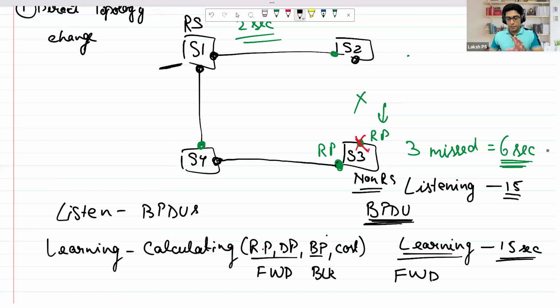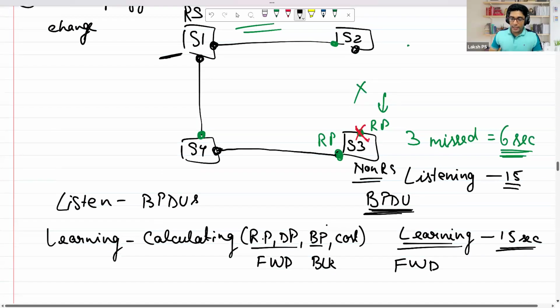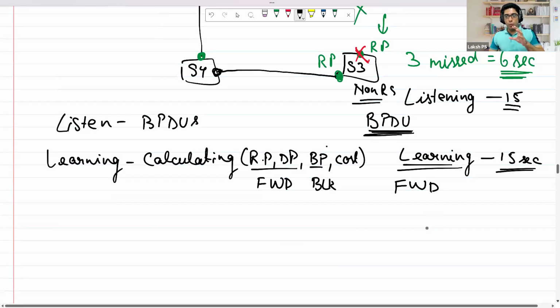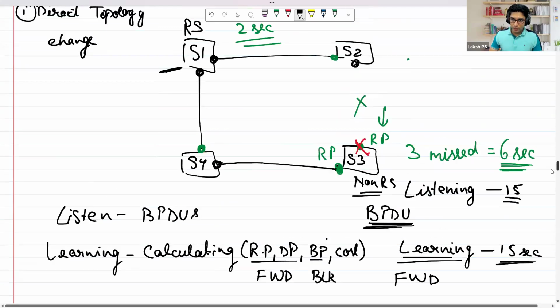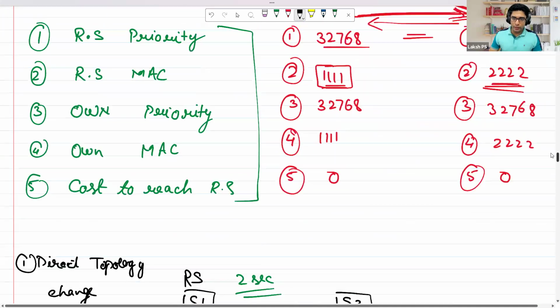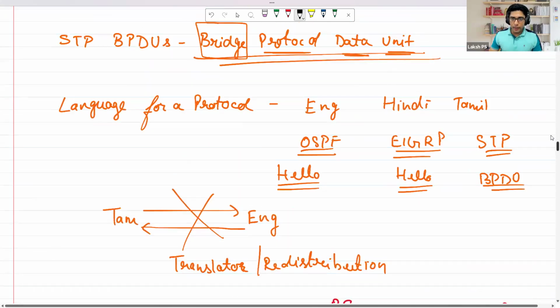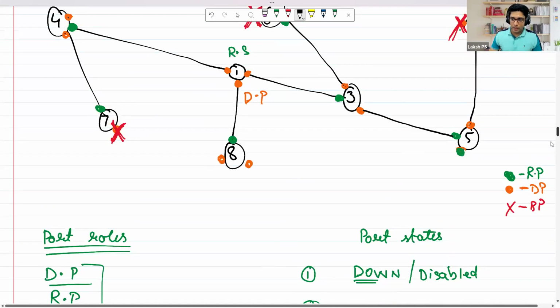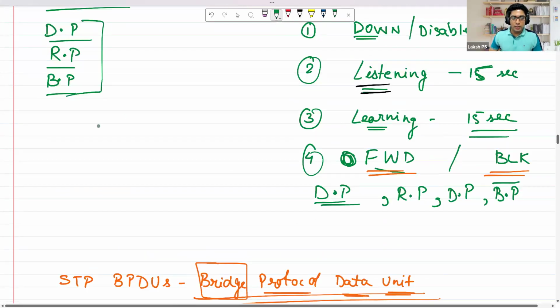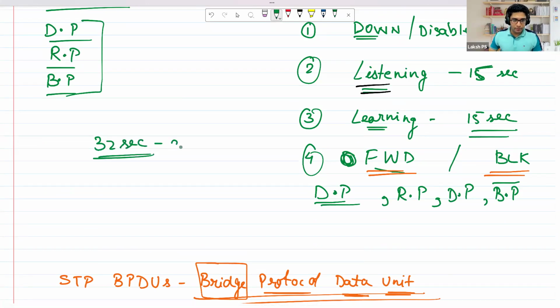So, this was direct topology change. So if you see here, Prashant, you asked, right? What is the convergence time? So in a normal scenario, when your switches are coming up and they're making that decision, it basically takes 32 seconds for any interface to go to either designated port, root port, or a block.